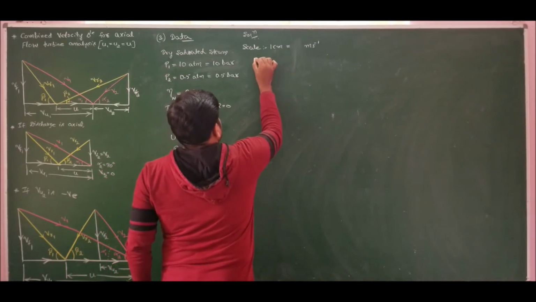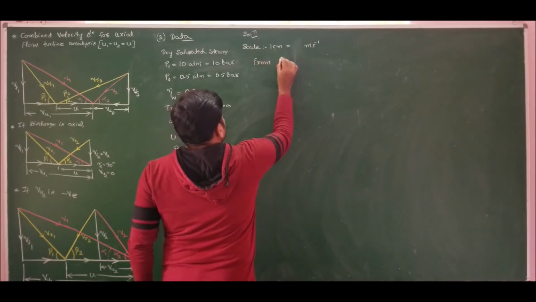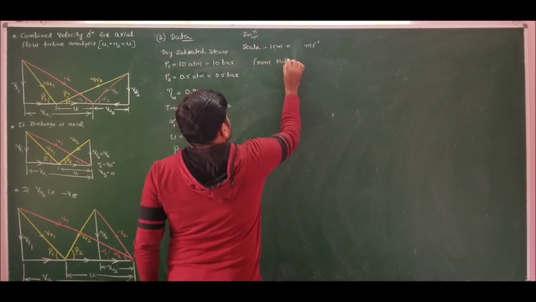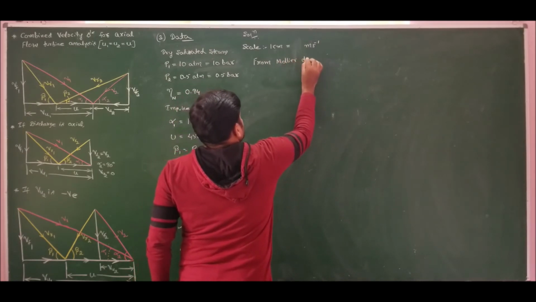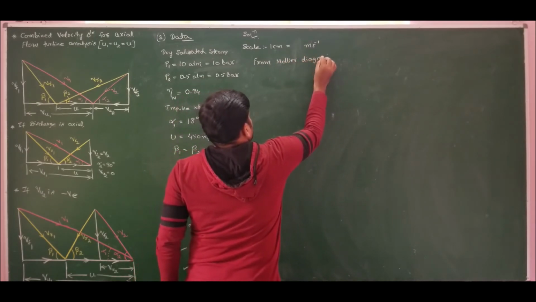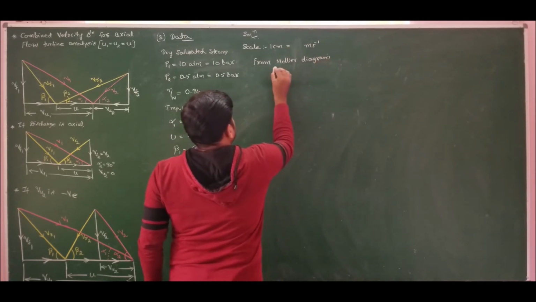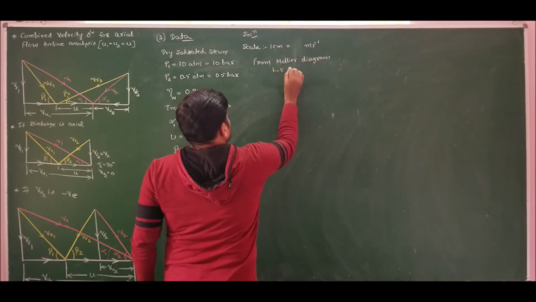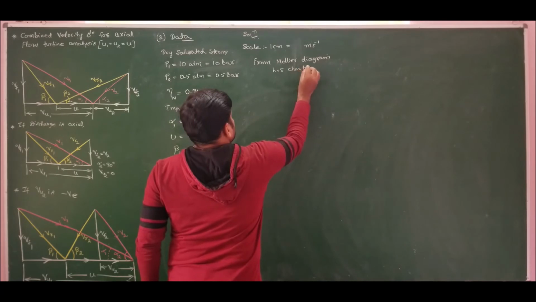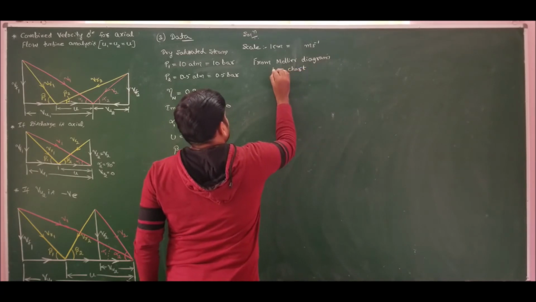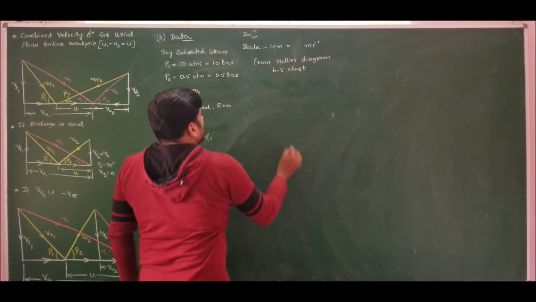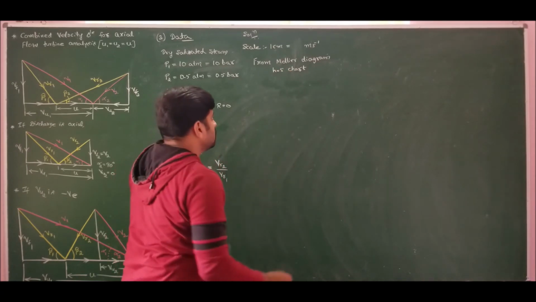From the Mollier diagram, it is the HS chart of steam, which is provided by the Nijiguna and Samaga thermodynamics data handbook.